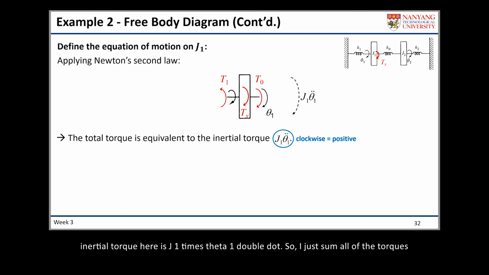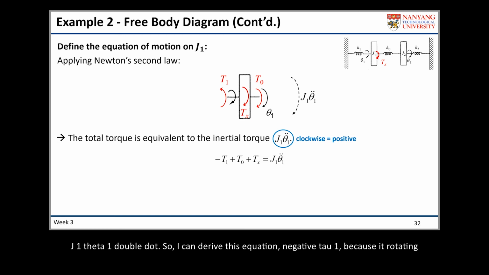So I just sum all of the torques acting on the disc. Tau 1 is acting in the counterclockwise direction, tau x in the clockwise direction, as well as tau naught. Clockwise is the same direction as the inertial torque J1 theta 1 double dot.